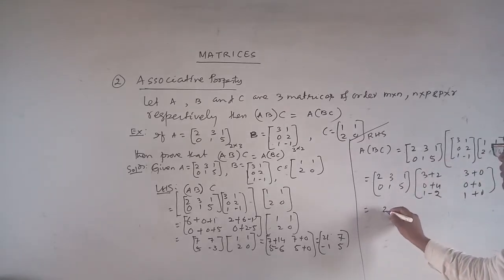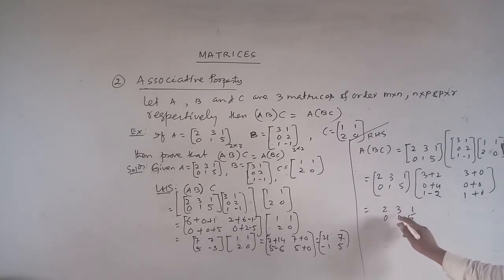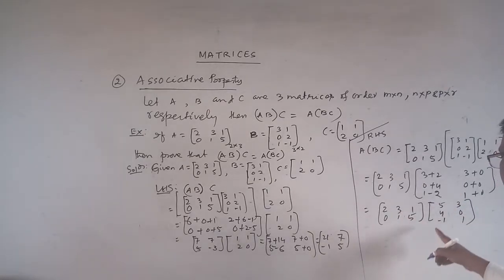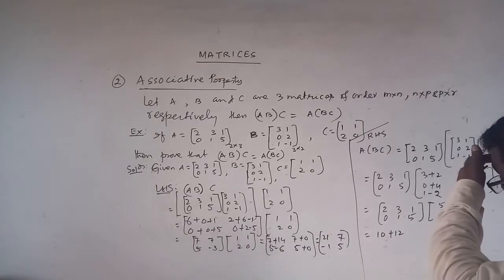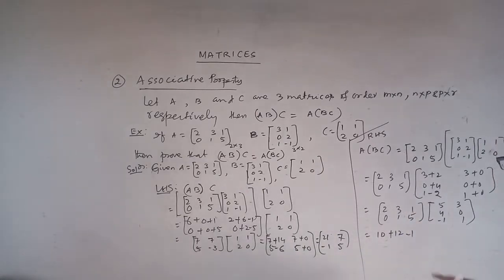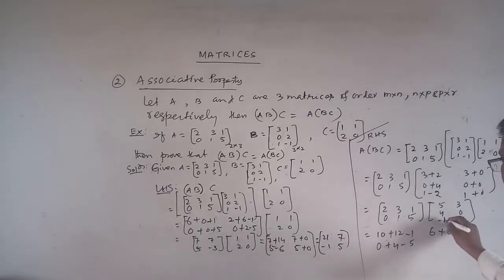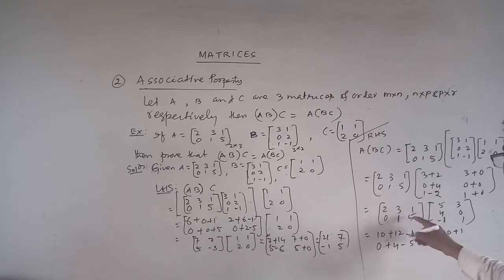So this is equal to 2 3 1 0 1 5 into 5 3 4 0 minus 1 1, and multiply this. 2 into 5, 10 plus 3 into 4, 12 minus 1, then 2 into 3, 6, 3 into 0, 0 plus 1, then 0 into 5, 0, 1 into 4, 4, 5 into minus 1, minus 5, then 0 into 3, 0, 1 into 0, 0, 5 into 1, 5.